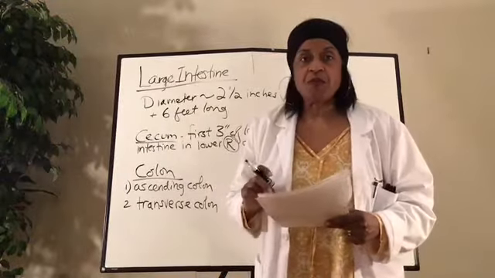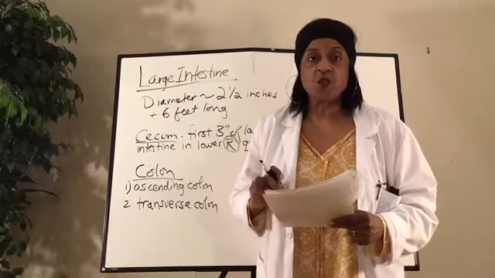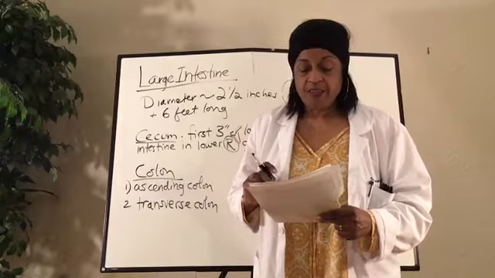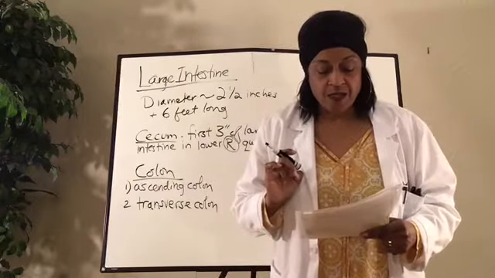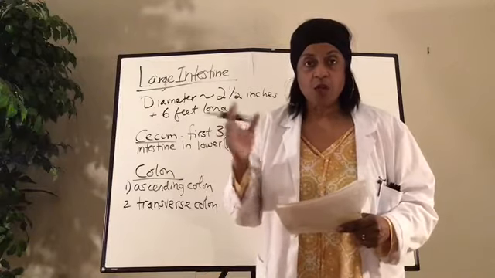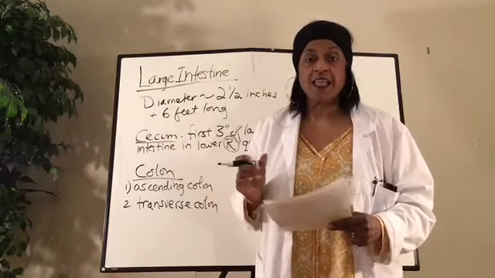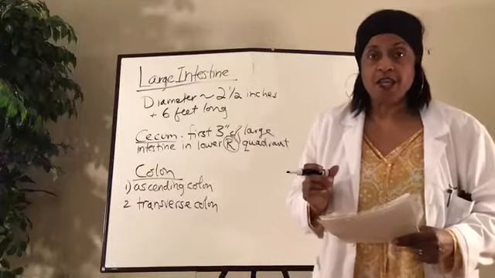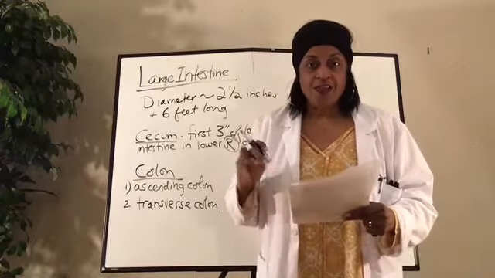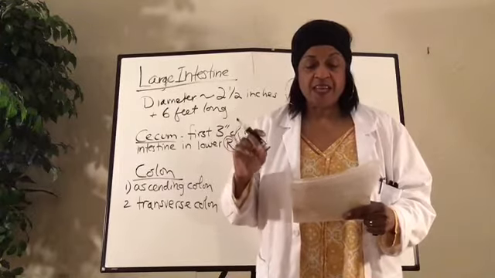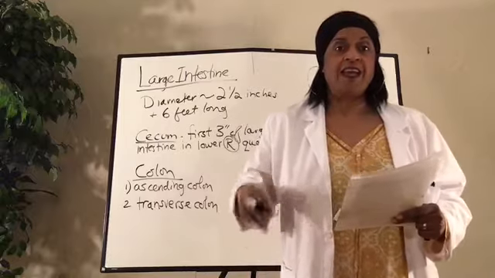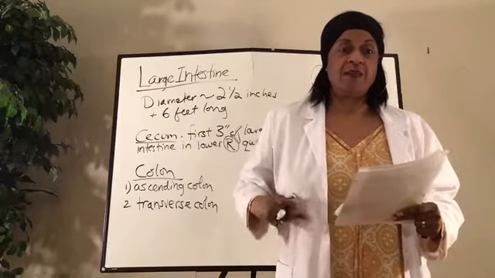Two things I want you to remember in association with the transverse colon. It has a hepatic flexure, and you know what hepatic means. It means liver, and we're going to be talking about the liver in the next video, and the spleen in the next video. But right now, the hepatic flexure is a bend near the liver. The liver is on the right side, so that bend will be a hepatic flexure.